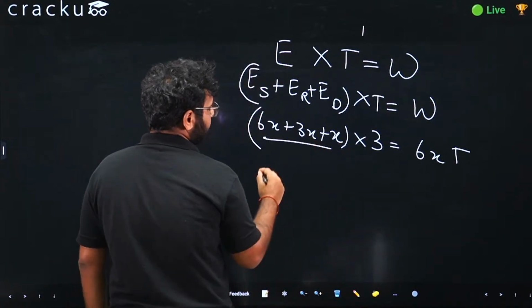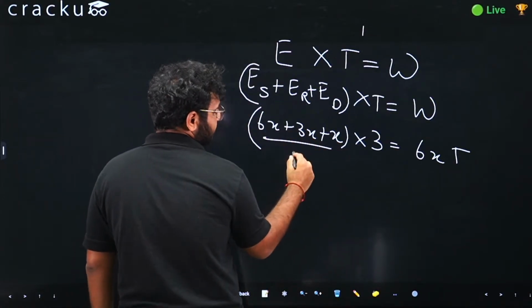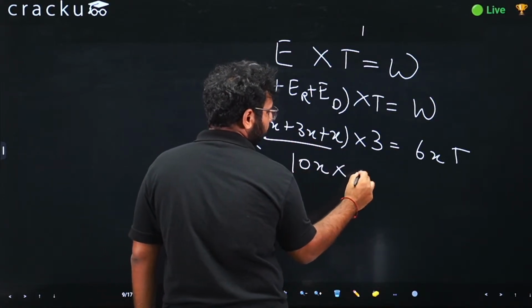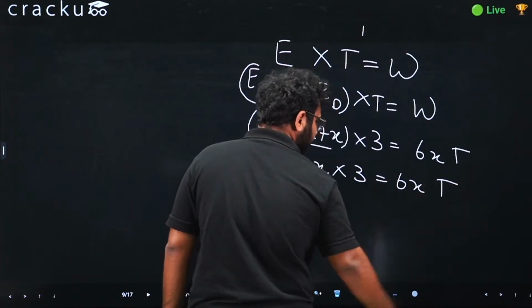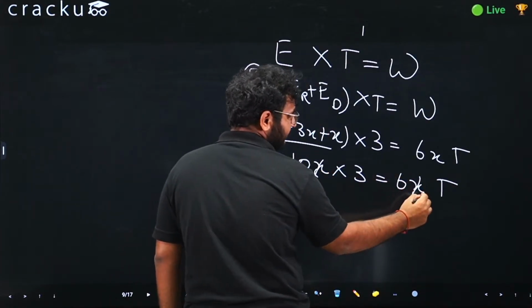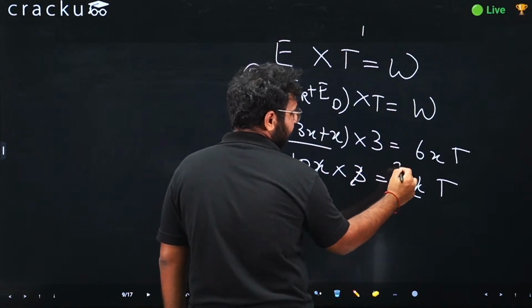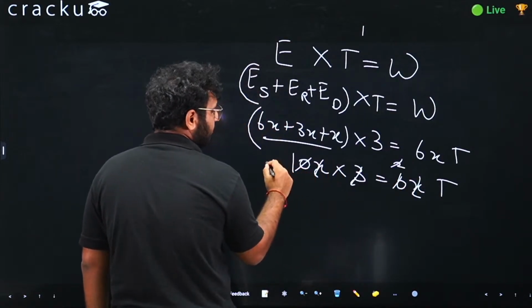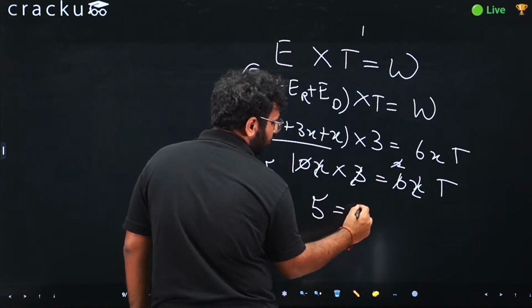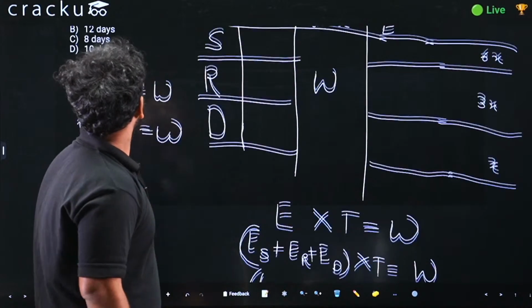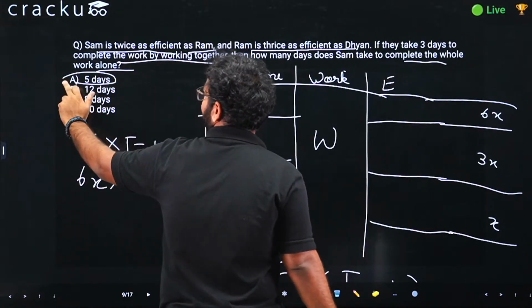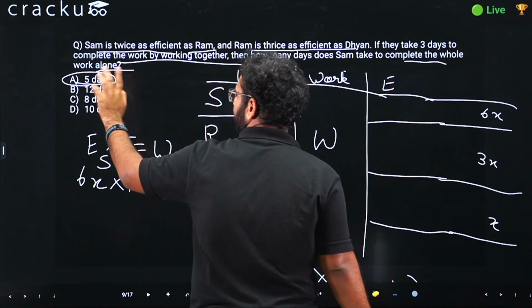So 3 plus 4, that is 10x into 3 is equal to 6x into time. The x gets cancelled out. 3 2s are 6 and 2 5s are 10, so 5 is equal to time. So the time taken by Sam alone to complete the work is 5 days.